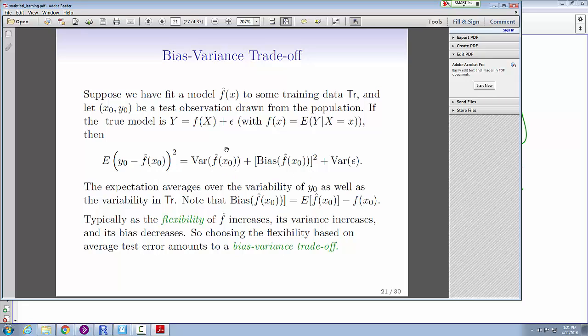It is equal to the variance of your fitted model, plus the bias of your fitted model squared, plus just the random variability of the data itself, that residual variability around f. This variance of epsilon, the residual variability, you can't do anything about it. This is what it is. The variance in the population is what it is.